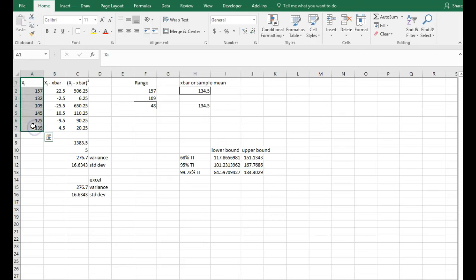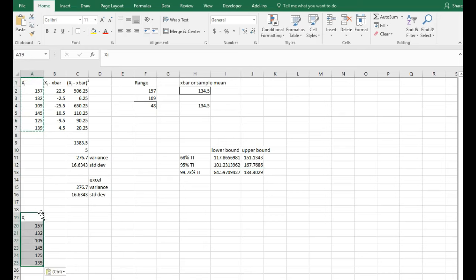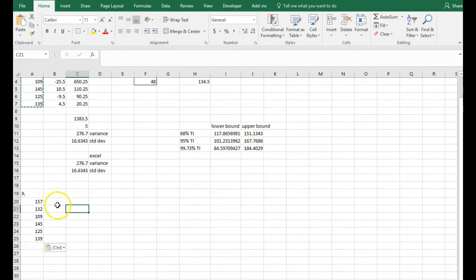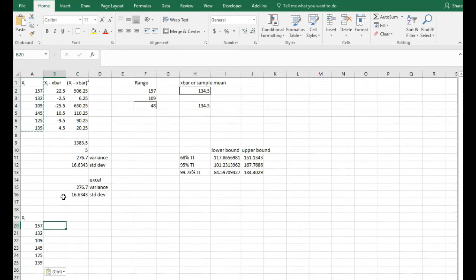We'll just copy these x sub i's and put them here, and then we'll do the difference between x bar and each value. That's the exact same thing, and then we would divide this by the standard deviation. So, z-scores.